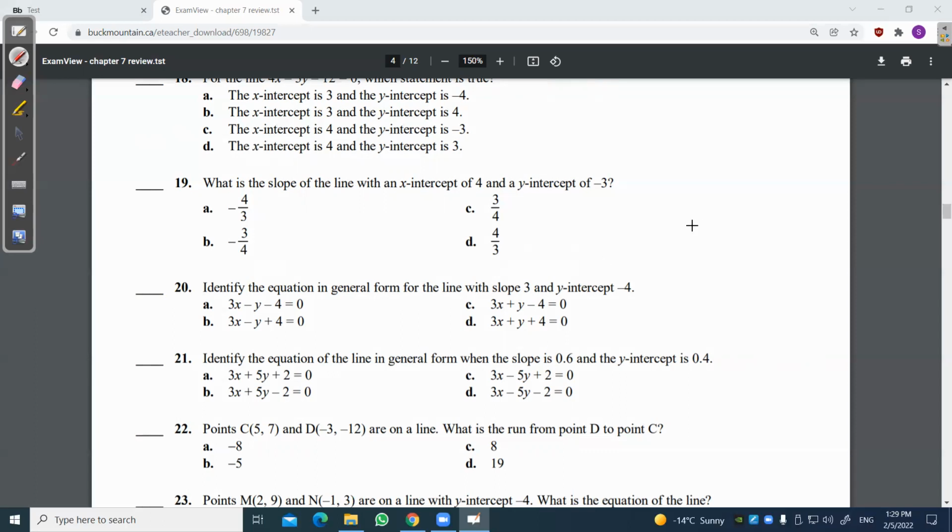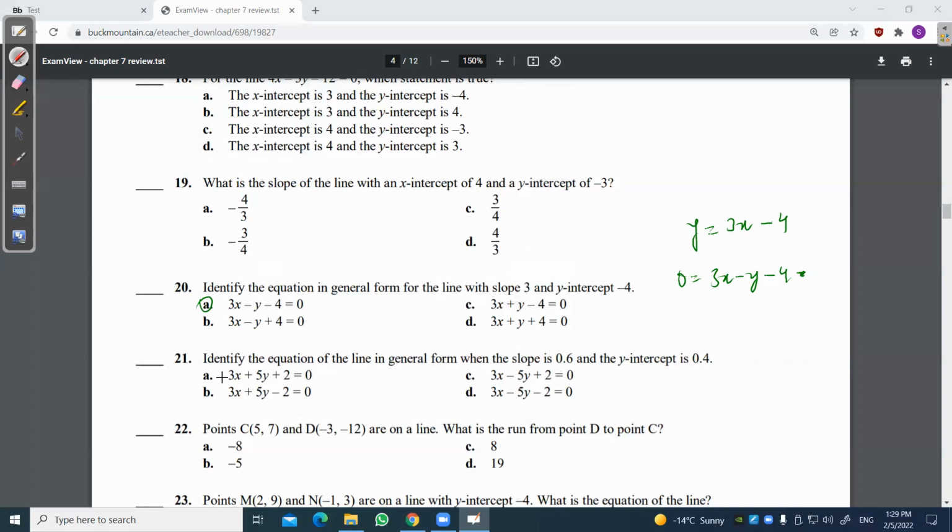No, you're going to take it to the other side. So slope is 3 means y equals 3x minus 4, right? That's our equation. So we can either take the y to the other side, or we can bring both of them to this side. If you take y to the other side, you get 3x minus y minus 4 equals 0. So it's option A.